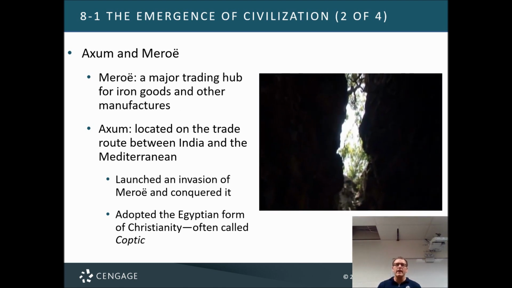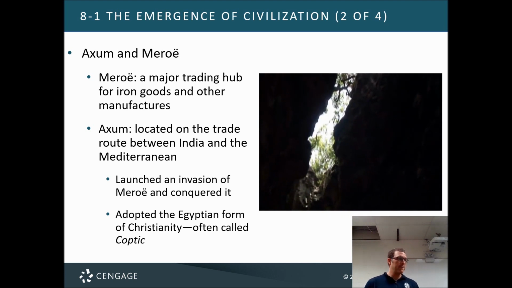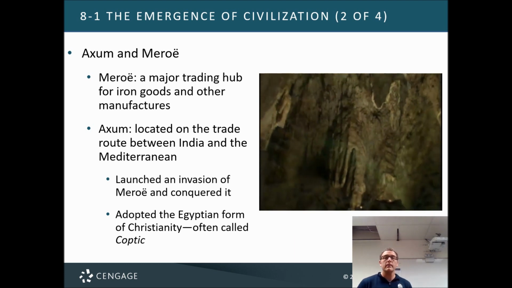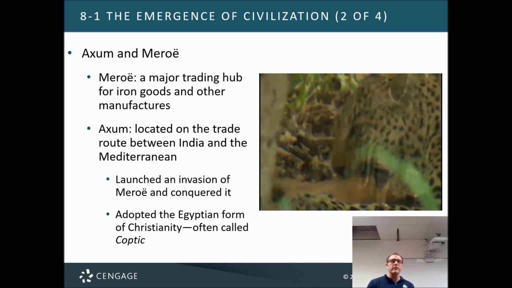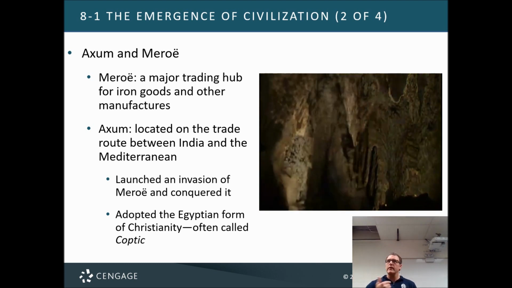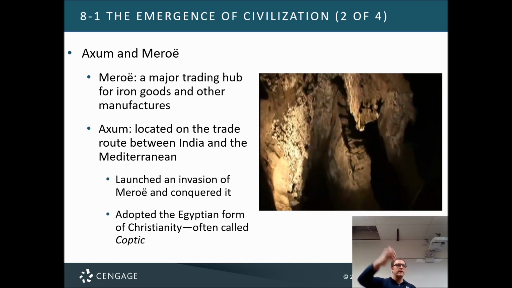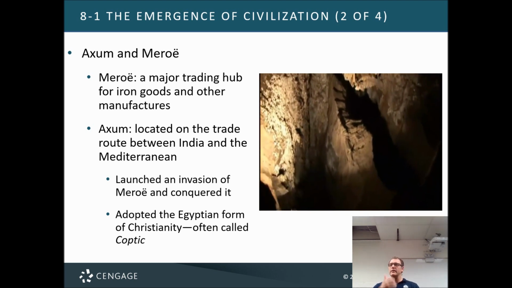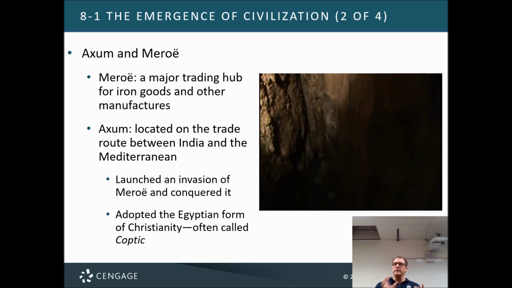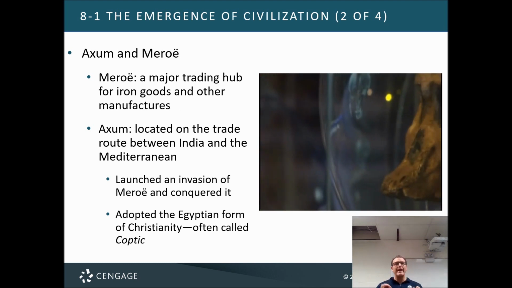Now, Aksum survived for centuries as this competitor to Meroe and owed much of their prosperity, and their location was ideal because really when you look at Egypt and even parts of the Nile, it's a crossroads between three major continents, between Europe, Asia, and Africa.